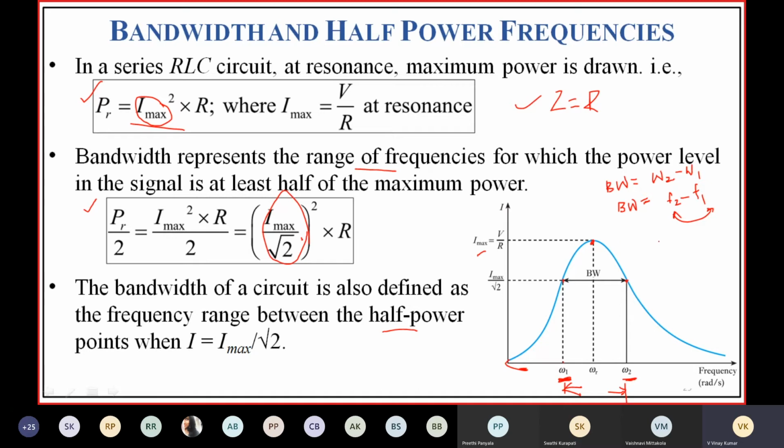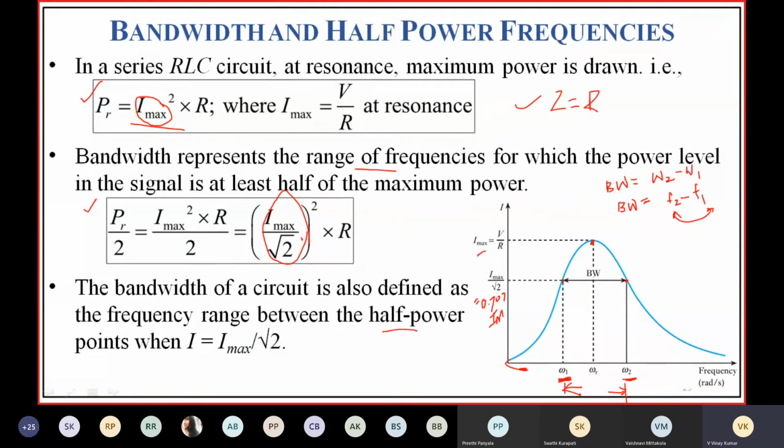Here we can define the bandwidth like this: it is the range of frequencies over which the current is equal to or greater than 70.7% of maximum current, which is 0.707 I max.